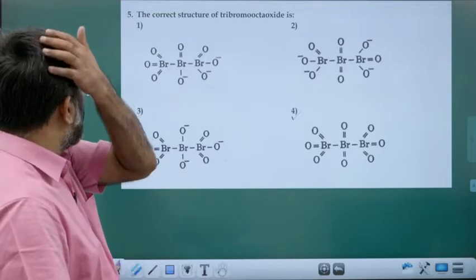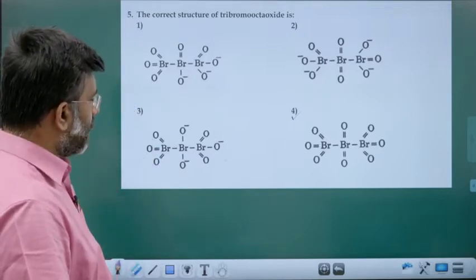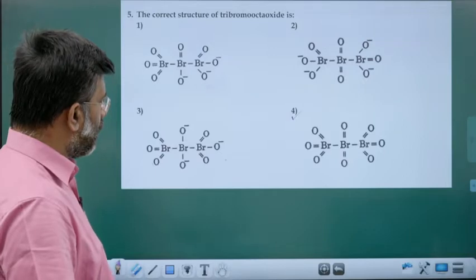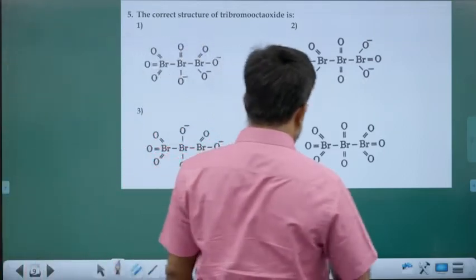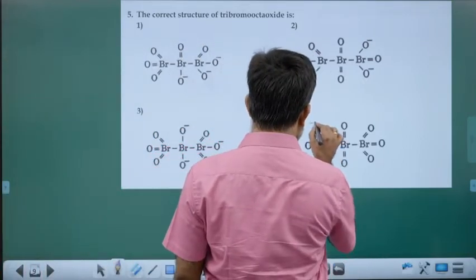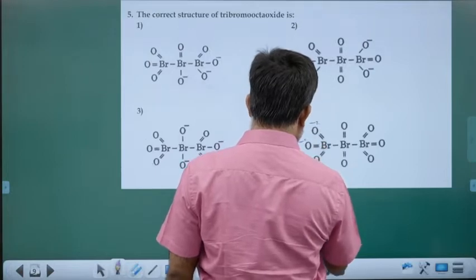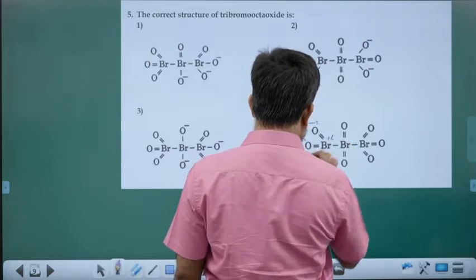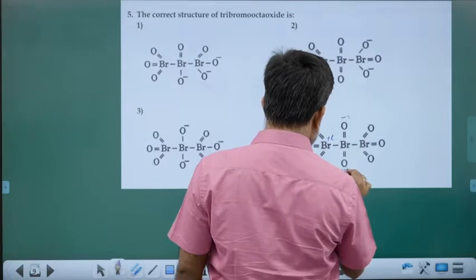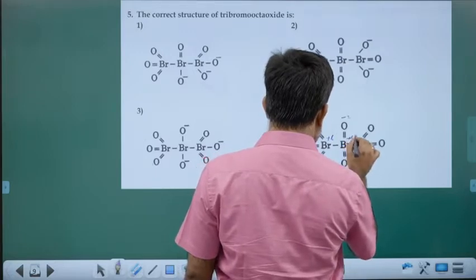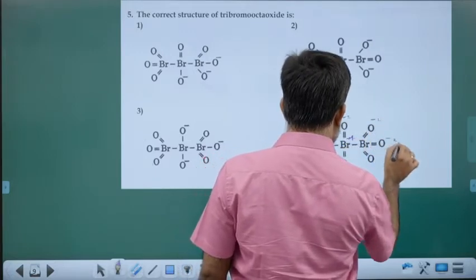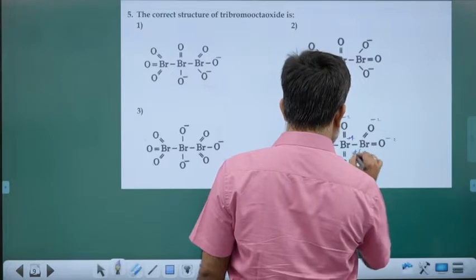Tribromo octaoxide, where the oxidation state of oxygen will be coming as -2, -2, -2, so this bromine will be +6, -2, -2, so this will be +4, -2, -2, -2, so this will be +6.